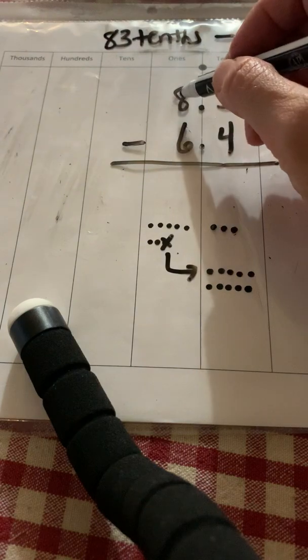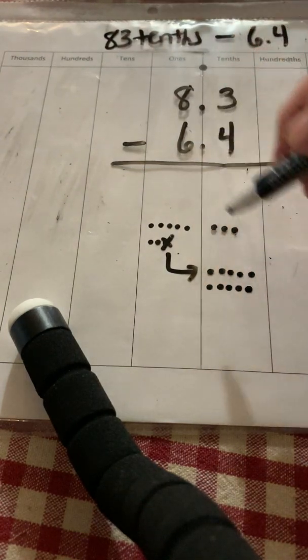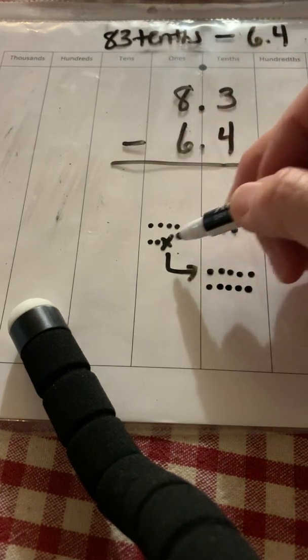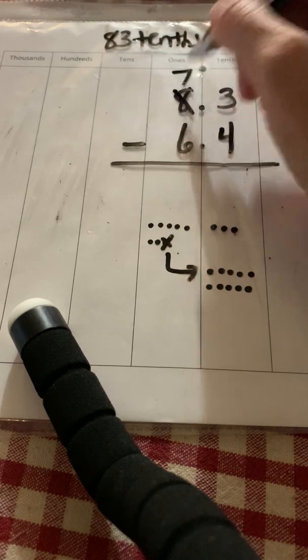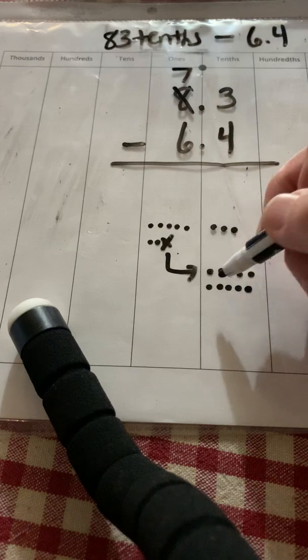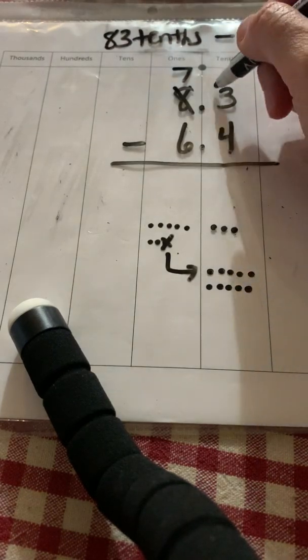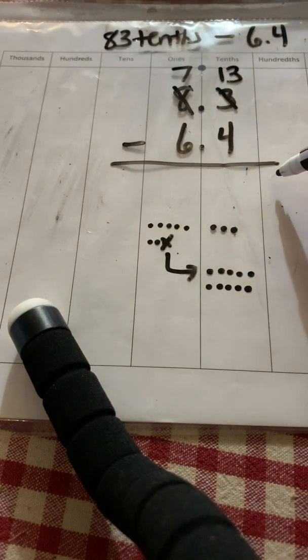Next step, I need to make my standard algorithm look like my chip model. I don't have 8 ones anymore because I unbundled 1. I now have 7 ones. And I don't have 3 tenths anymore because I added 10 tenths. I have 3 plus 10, which is 13 tenths.